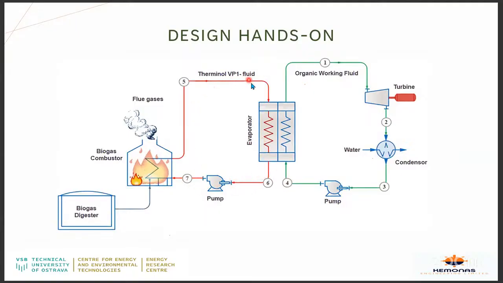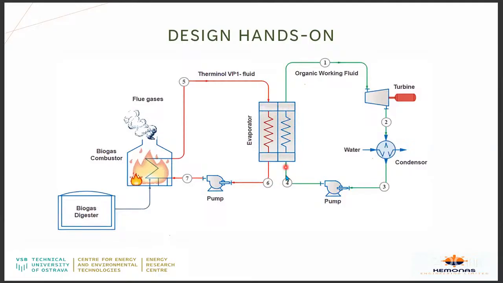The oil absorbs more heat than the water. So we heat the oil, and this is the combustion chamber. The digester sends in the gas here. The gas is burned, the tubes are inside, and the oil is heated and comes here. Then it exchanges heat with this one.